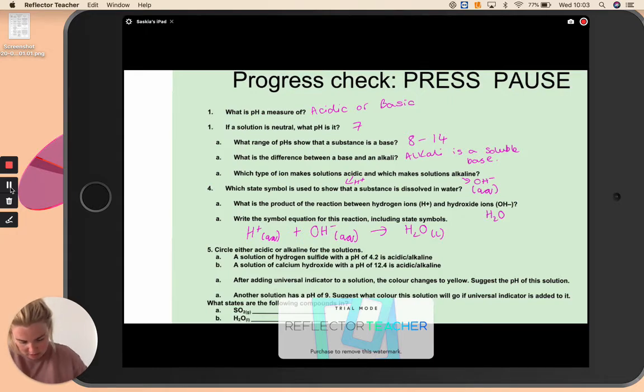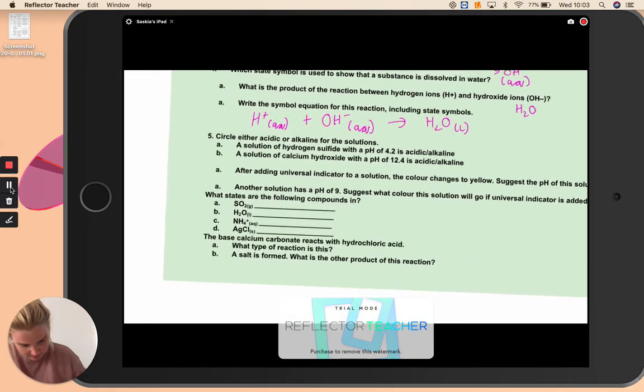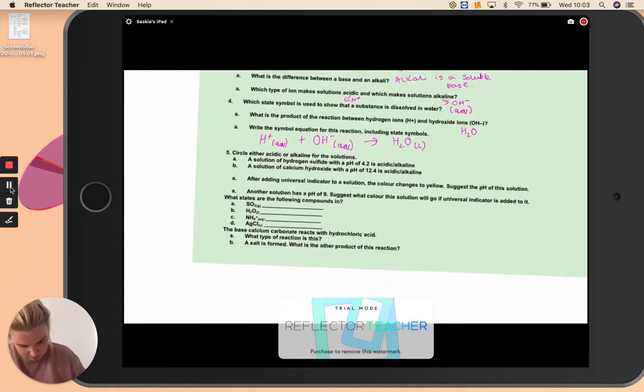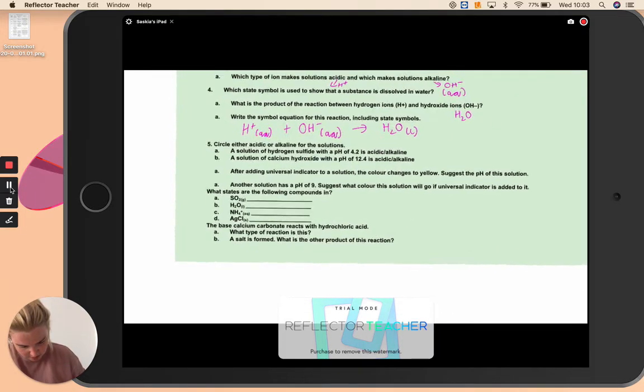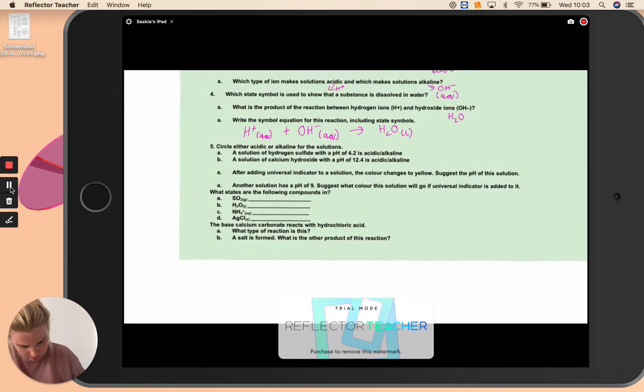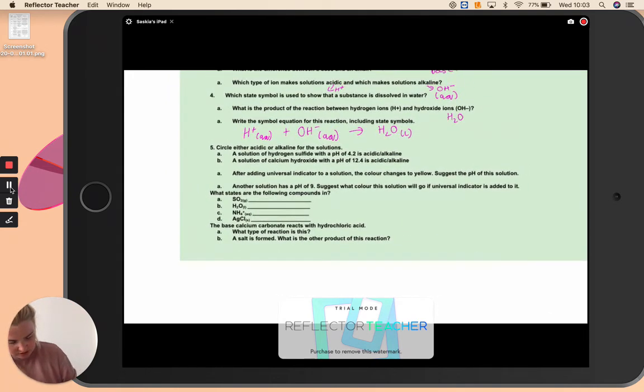Okay, so moving up then to the next couple of questions. Circle either acidic or alkaline for the solutions. So a solution of hydrogen sulfide has a pH of 4.2, so that would make it acidic. A solution of calcium carbonate has a pH of 12.4, so that would make it alkaline.